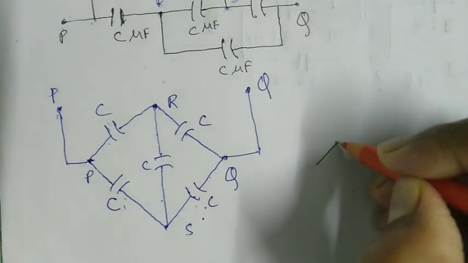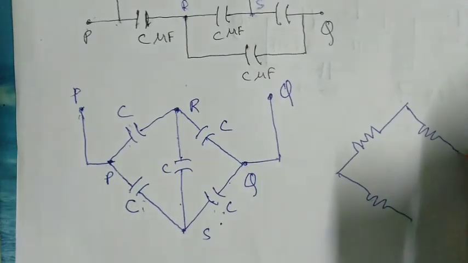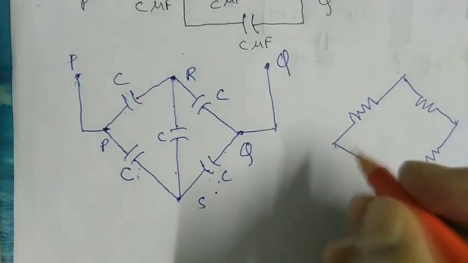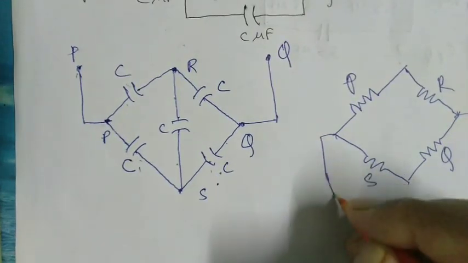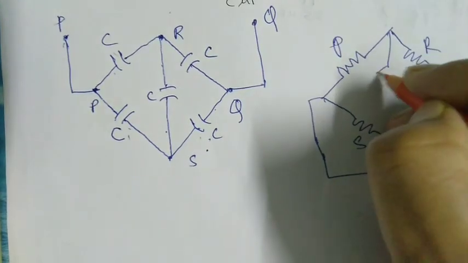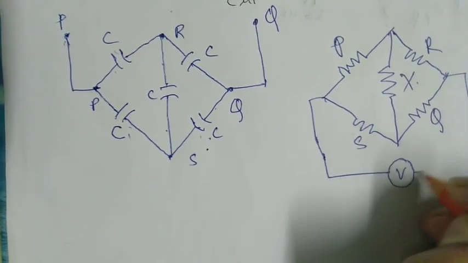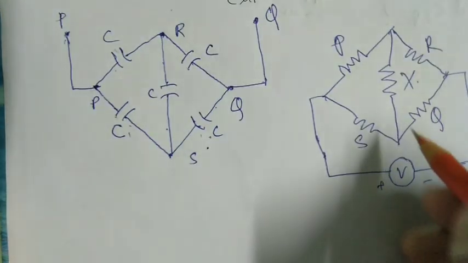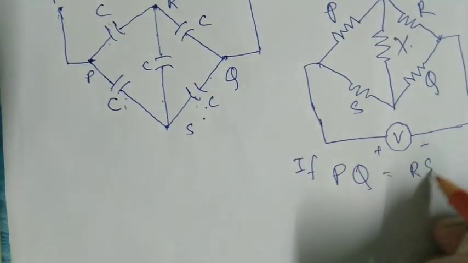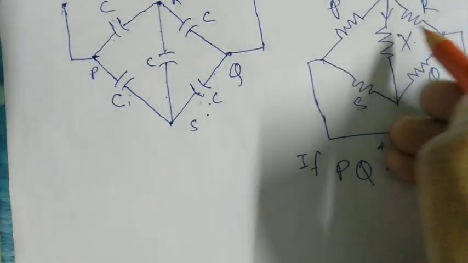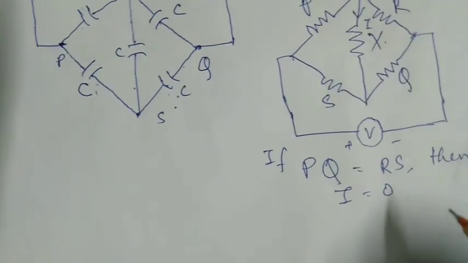If we consider one resistive network P, Q, R, S, and here something like X, and we apply some voltage source across this, then if P Q is equal to R S, the current flowing through this resistance X, I, will be equal to 0. Okay, are you getting my point?